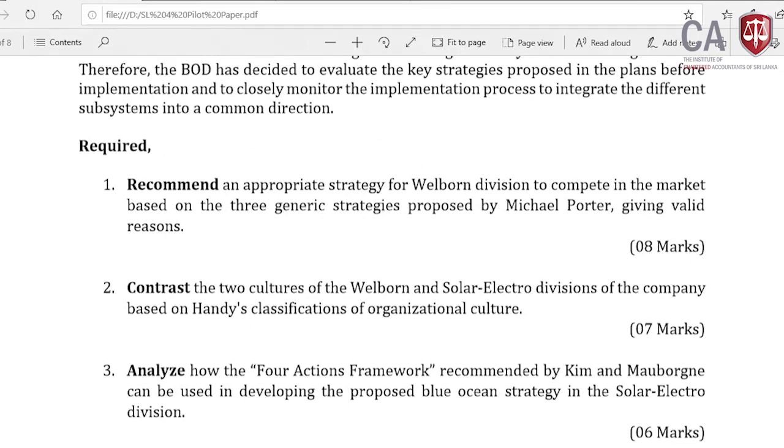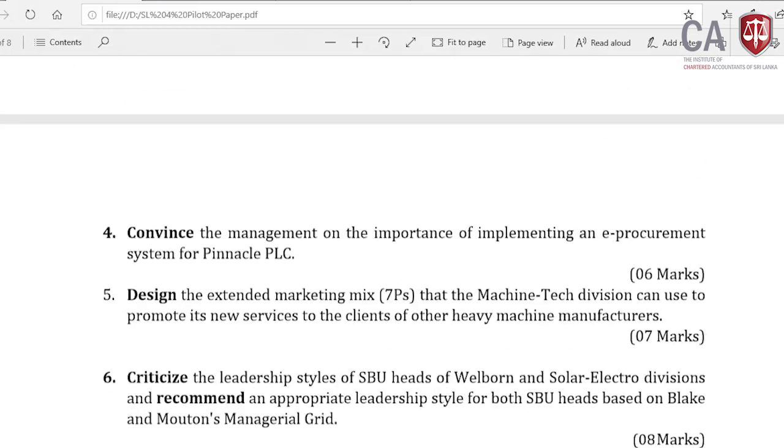You know how many marks can be allocated for this, right. How many marks? At the beginning we identified 50 marks. 50 marks will be allocated on this, right. So, how many parts are tested in the paper?